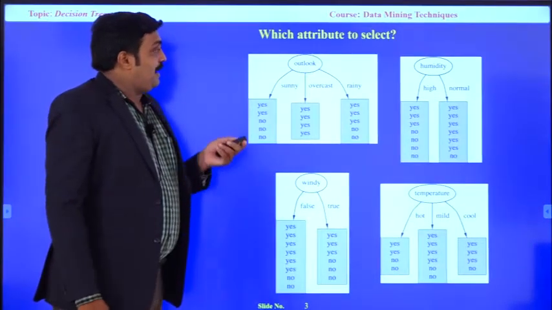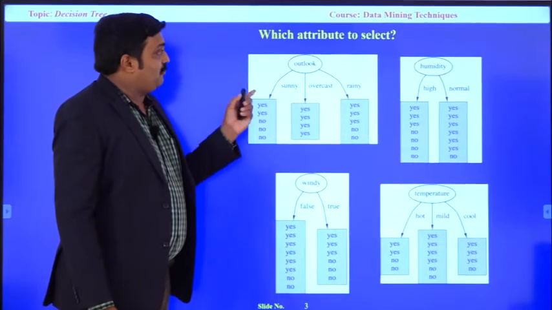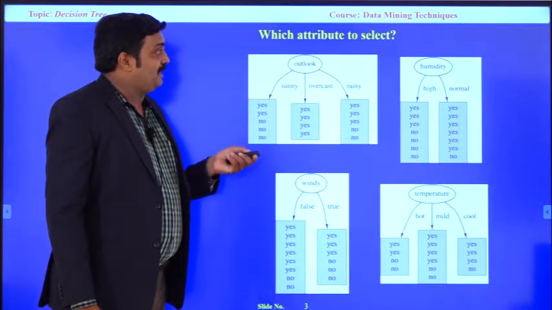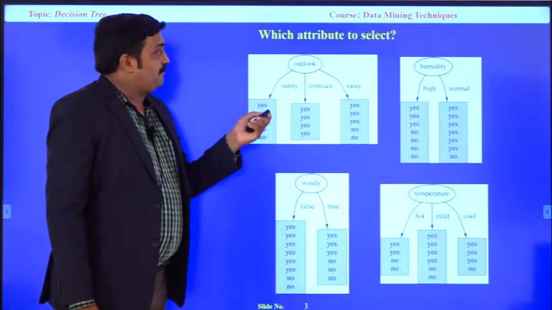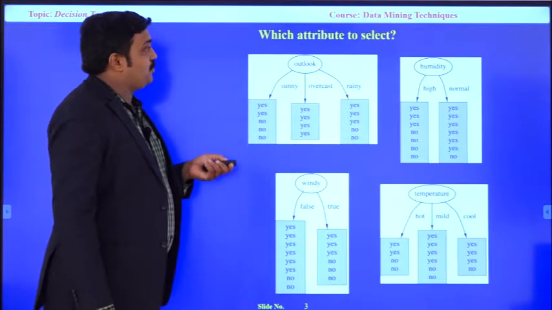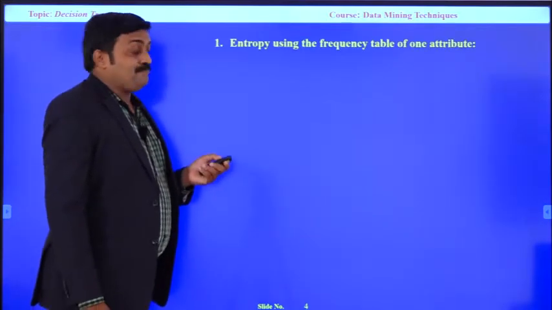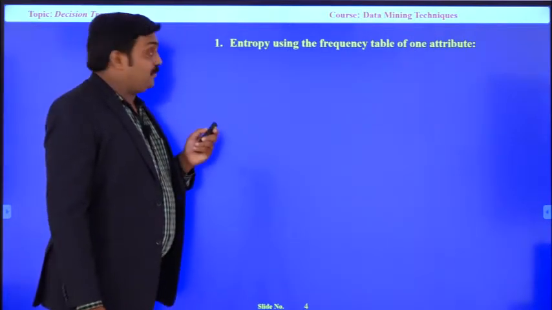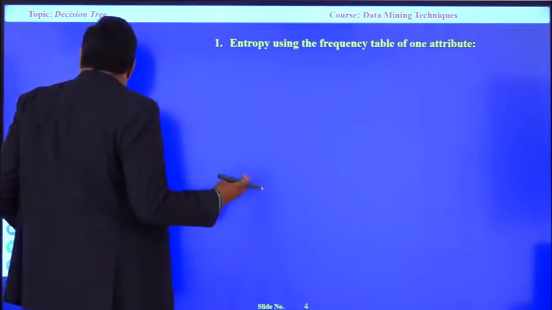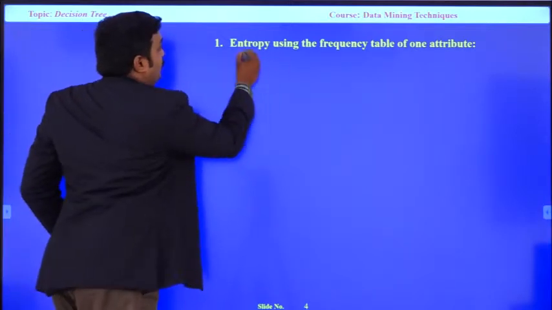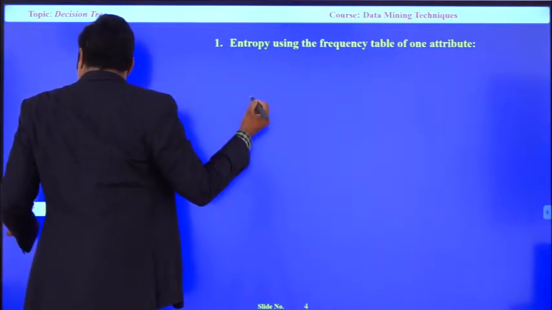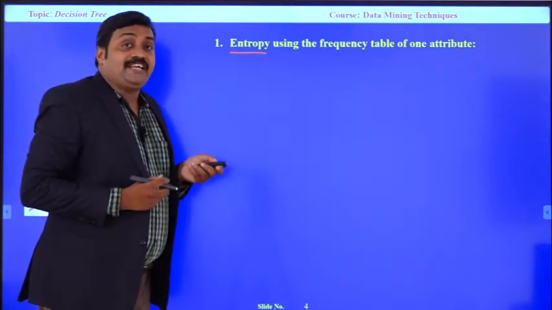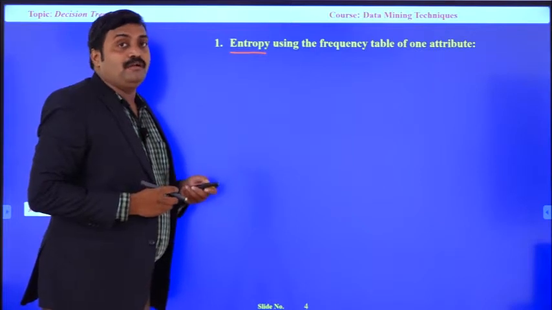Now I want to choose which attribute, outlook, humidity, wind or temperature, is the best attribute for acting as the root node. Let's see how I am going to do this. As we already discussed entropy, with the help of the information of entropy, I am going to find which attribute has the best gain.